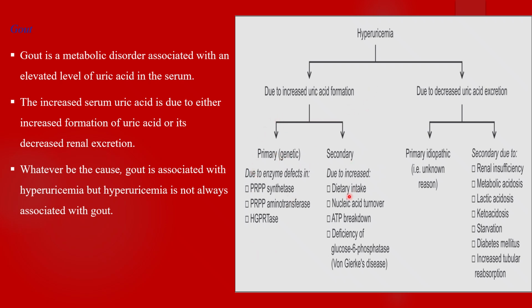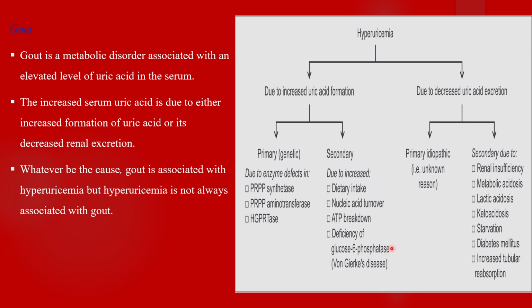Secondary causes can be due to increased dietary intake of food products containing a lot of nucleic acid products. Then you have nucleic acid turnover, ATP breakdown, and deficiency of glucose 6-phosphatase. This enzyme is an enzyme of glycogen metabolism, and due to its deficiency, glycogen is not converted into glucose.